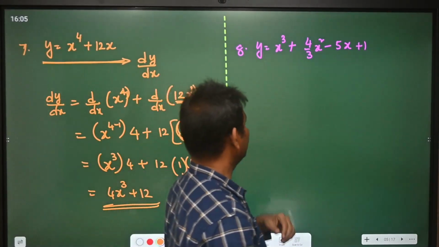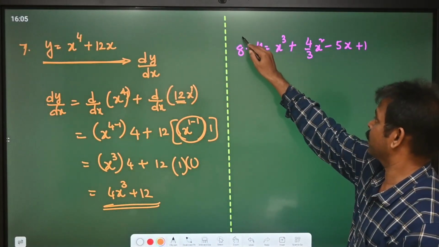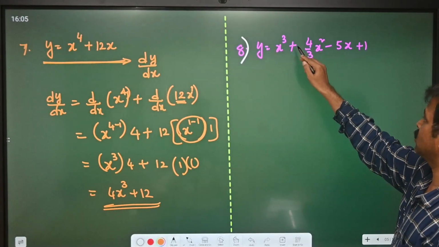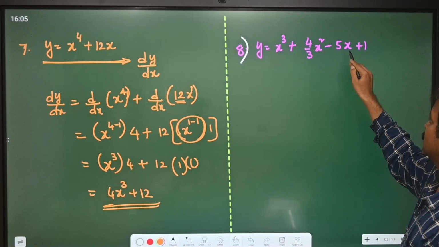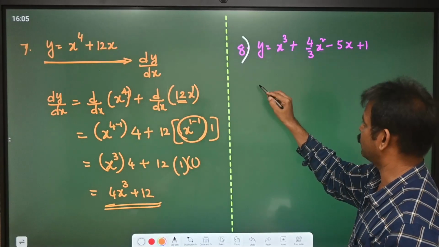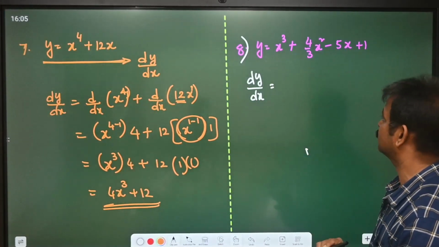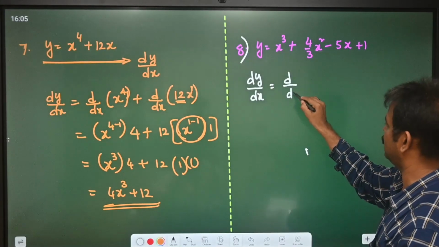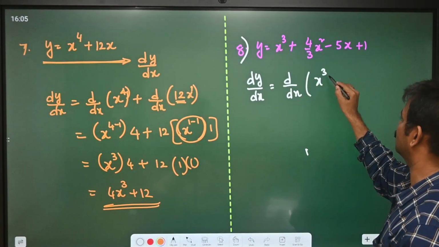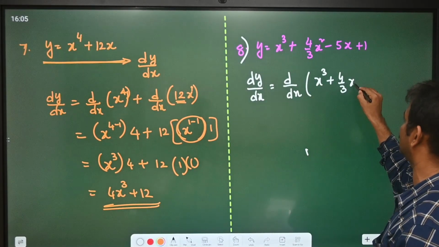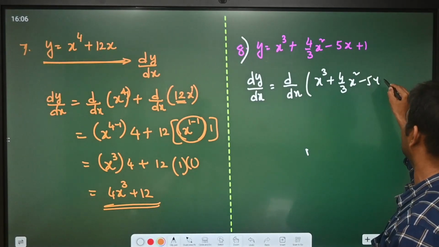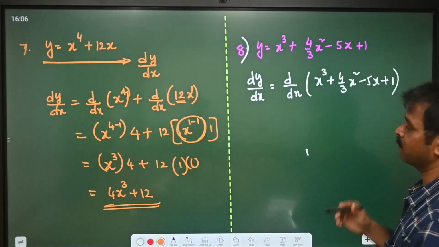Now the next one, eighth problem. y is equal to x cube plus 4 by 3 x square minus 5x plus 1. So we are finding the derivative of y with respect to x, that is d by dx of x cube plus 4 by 3 x square minus 5x plus 1.